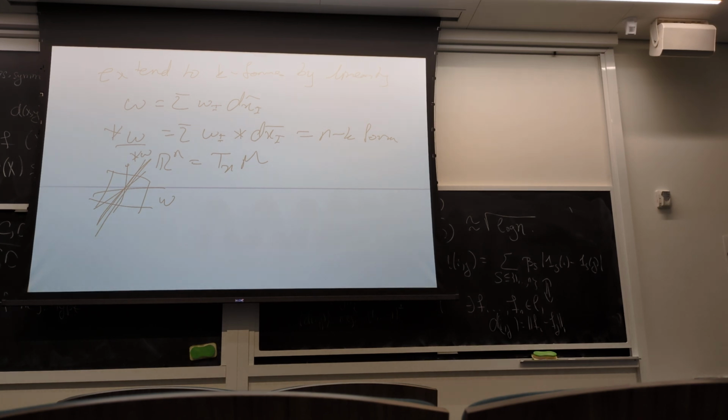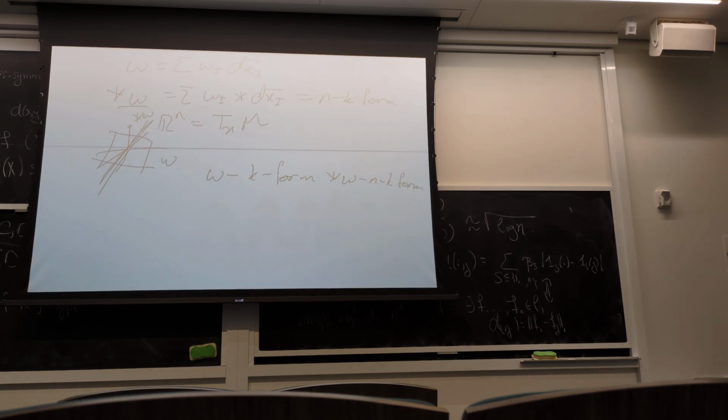So let me give you an example of where this comes up, or another way to think about this. If omega is a k-form, then star omega is an (n minus k)-form.